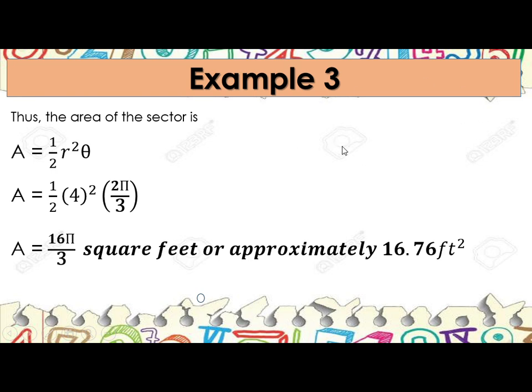So you can multiply the radius and omega to find the linear speed. And for the area of a sector, you have 1/2 times r squared times the central angle.